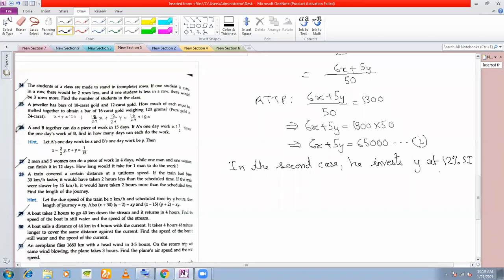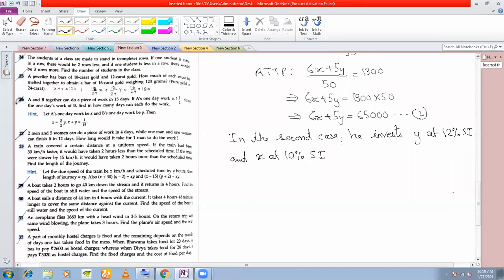Initially, he is investing X rupees at 12%. In the second case, he is investing Y at 12% and X at 10% SI. Okay, this is how much he is investing.